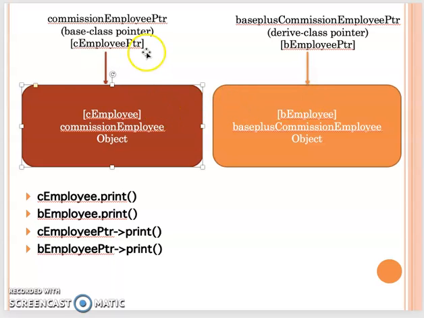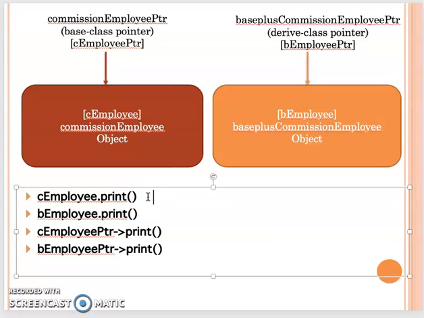Since I have a pointer, can I use the parent class pointer to invoke the print function? When you do that, I'm using the parent class pointer to refer to a parent class object to invoke the print function. That's okay, right? This print function is from commission employee. Remember in the child class, we also have a print function.